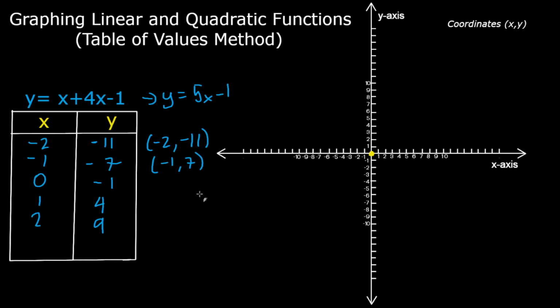And now, try nating i-plot tong dalawang point na to. So, negative 2, negative 11, dito yan. Negative 2, negative 11. Sorry, okay. Next is negative 1 and then negative 6. So, negative 1, nandito siya. And then, ang 6 is nandito. So, nandito siya.